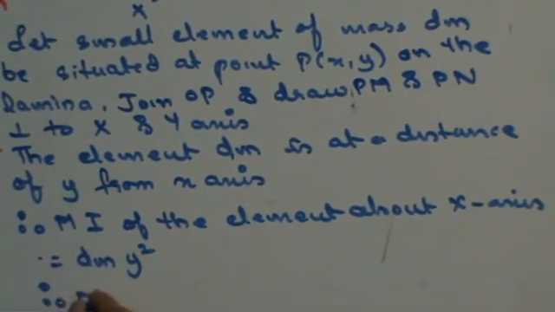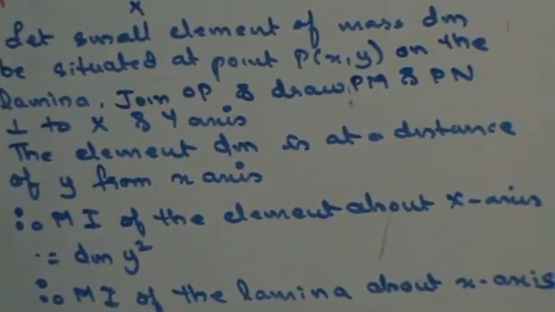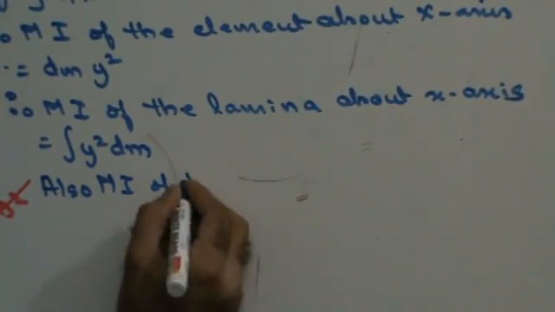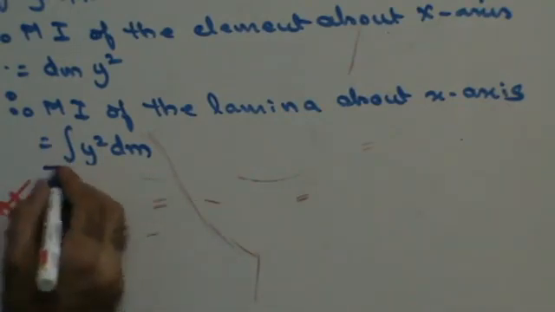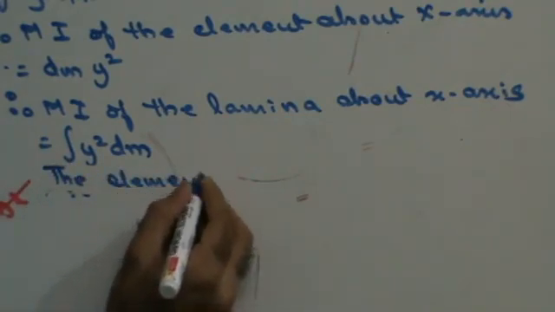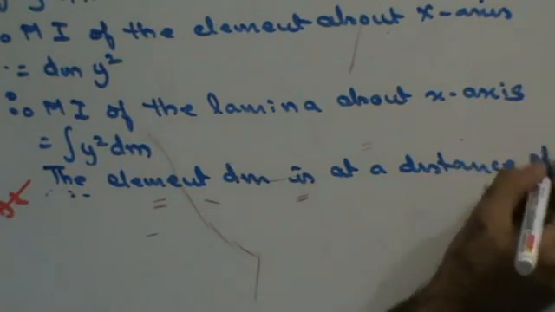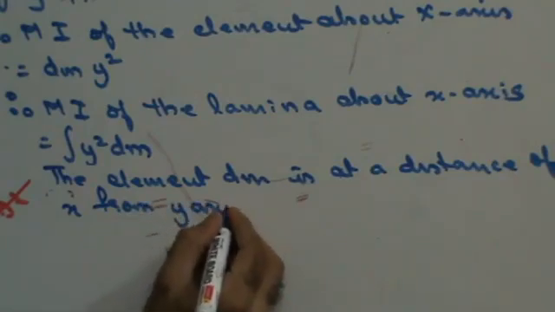Therefore, the moment of inertia of the lamina about the x-axis is going to be the integral of y square dm. Similarly, the element dm is at a distance of x from the y-axis.